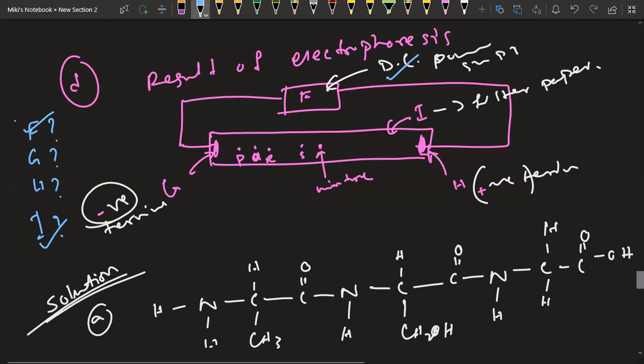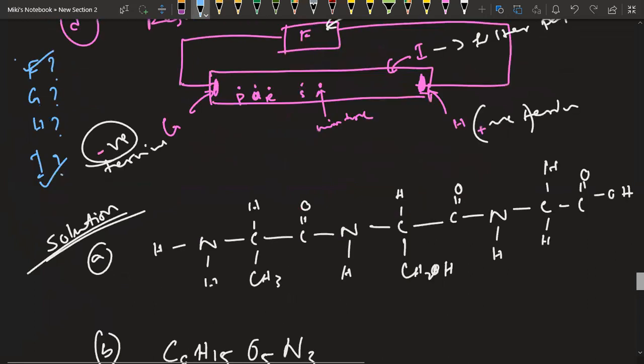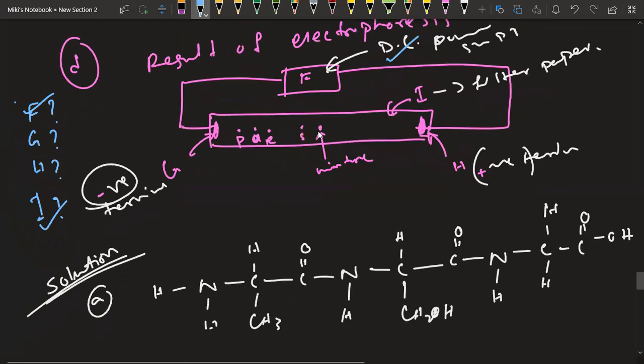Now let's come here below and observe the portion. We do know that in the mixture, when electrophoresis is done, the components exist after the breakage, the hydrolysis, isn't it?